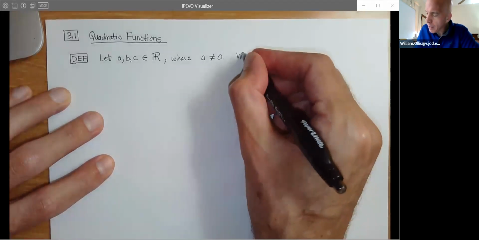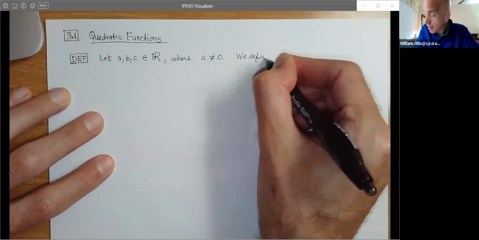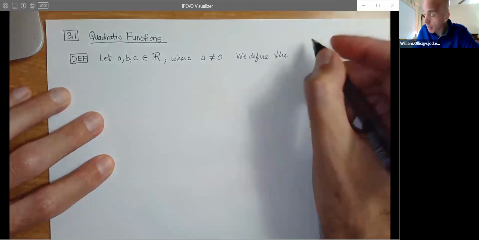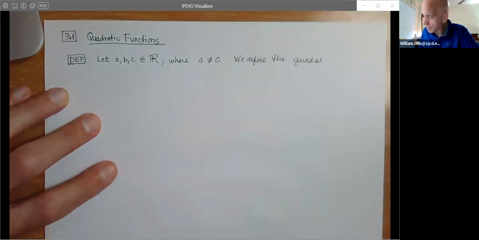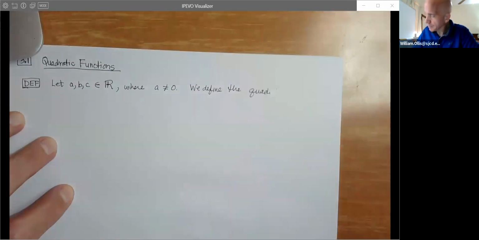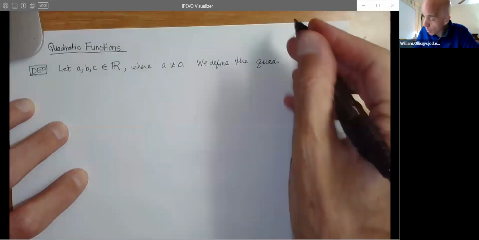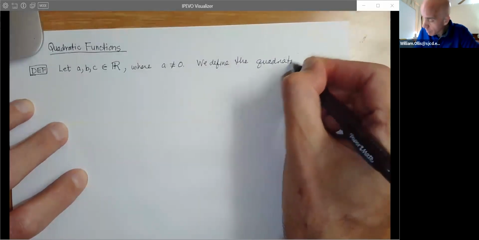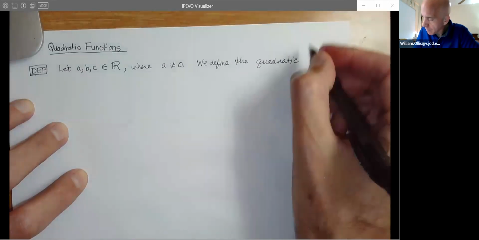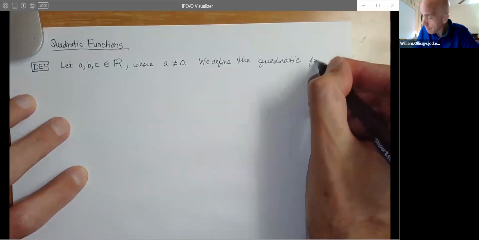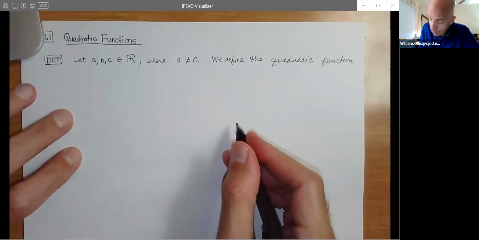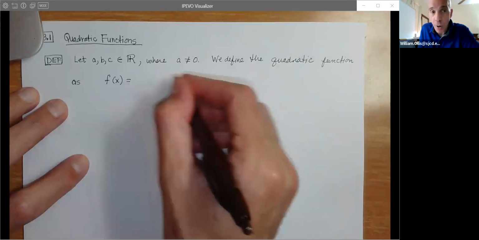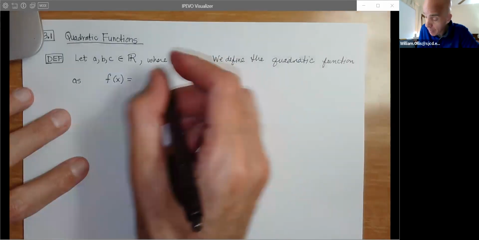So we define the quadratic function as f of x, and so this will just look like the quadratic equation without the 0.